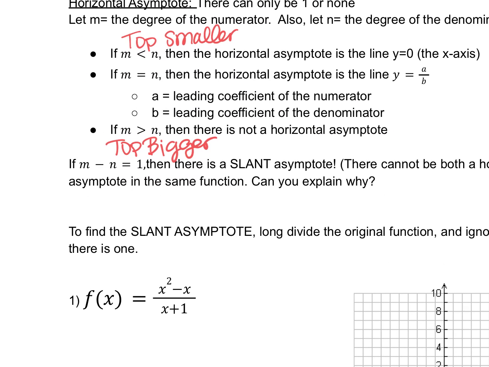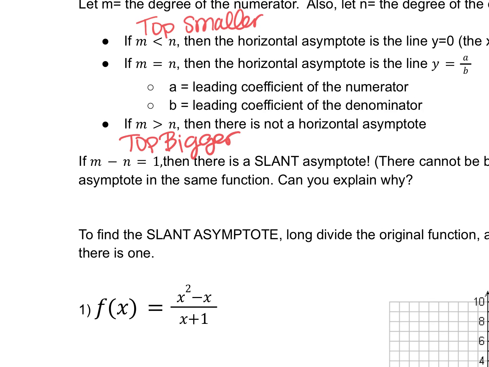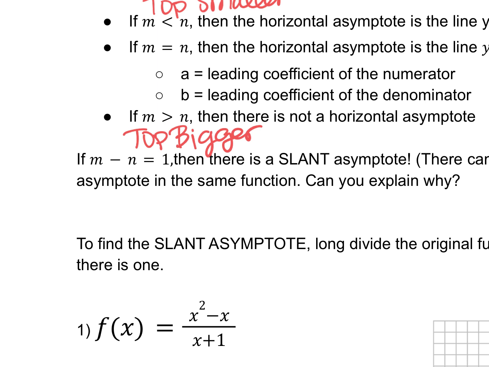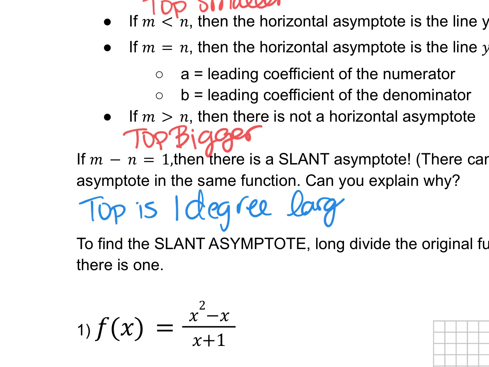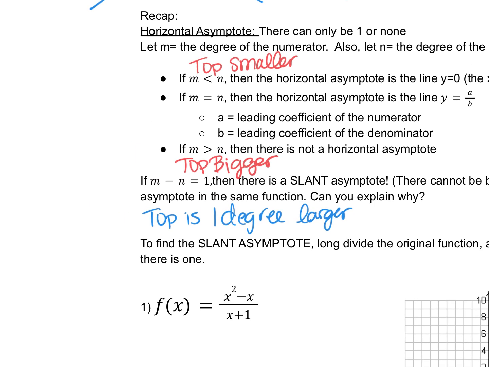So when do these slant asymptotes occur? It occurs if the m minus n, the degrees, when you subtract them, is 1. AKA, something that makes a little bit more sense, I think, if the top is 1 degree larger, then you have a slant asymptote.